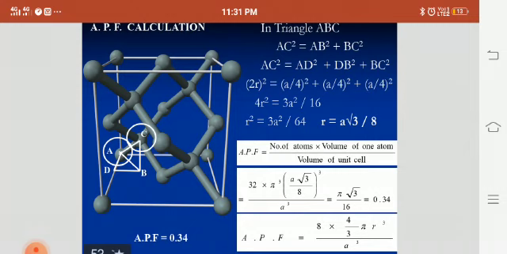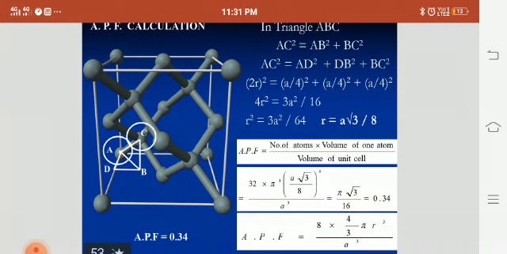AD is nothing but a by 4. Substituting the values, we get (a by 4) squared plus (a by 4) squared plus (a by 4) squared. Adding these values and simplifying, we get R squared is equal to 3a squared divided by 64, where r is equal to a into square root of 3 by 8. That is, the atomic radius of diamond structure is a into root 3 by 8.